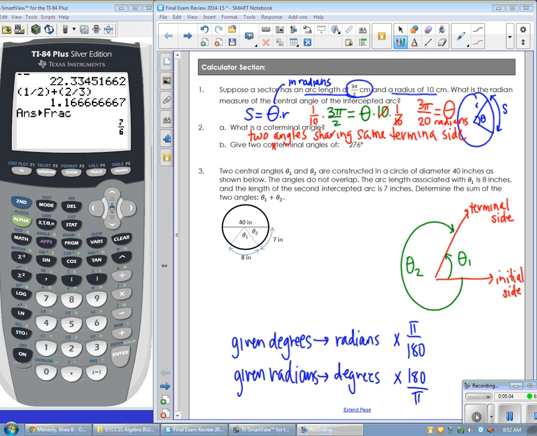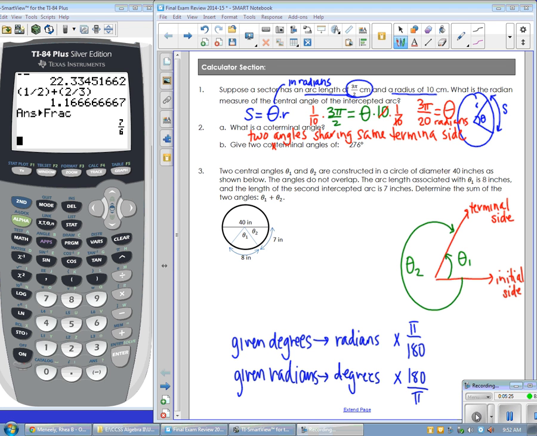So in letter B, it says you're to give two coterminal angles of an angle with a degree measure of 276. There's two things you can do here. Basically, you're just going to wind around the circle one way or the other. So you could add 360 or subtract 360, and that'll give you coterminal angles.